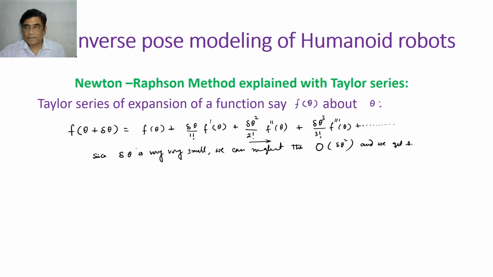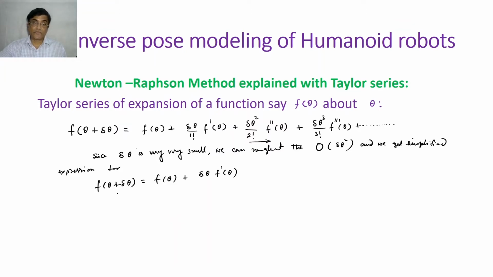And this will simplify, and we get a simplified expression for f of theta plus delta theta. So this will be f of theta plus delta theta times the first derivative.